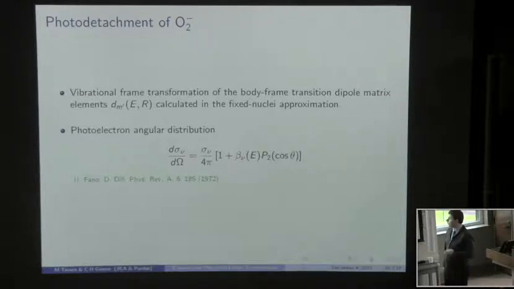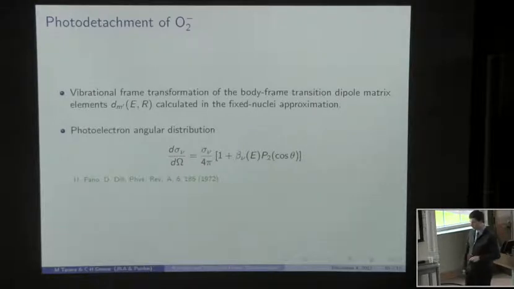Of course, what I'm working on right now, what is the goal of this whole project, is to treat the photodetachment of O2- and to deal with the vibrational dynamics of this process. The step I'm working on right now is the vibrational frame transformation of the body frame transition dipole matrix elements that are calculated in the fixed nuclei approximation.